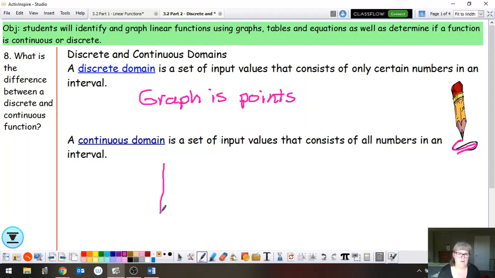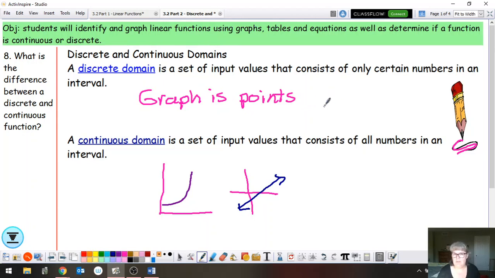So if I have a graph that looks like this, if I have a curve, or if I have a coordinate plane and I draw in a line, these would be examples of continuous because we're talking about every single point in between. Where a discrete domain is going to be just the points, just scattered points basically.